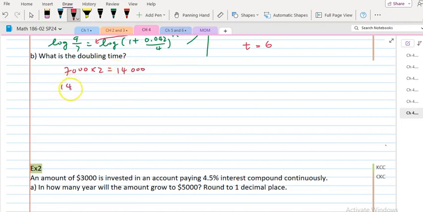So we would write 14,000 equal to 7,000 times (1 plus 0.042 over 4) to the 4t. We'll divide by 7,000 over.